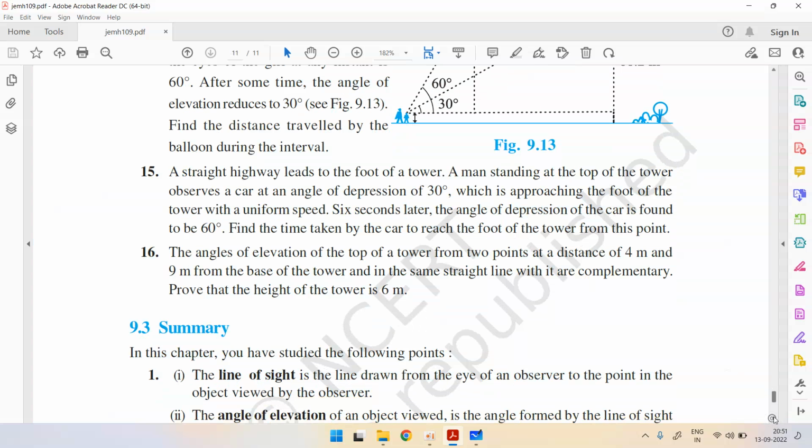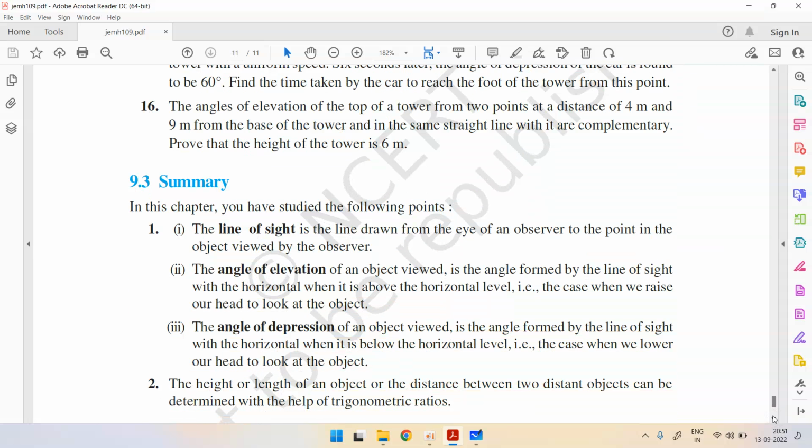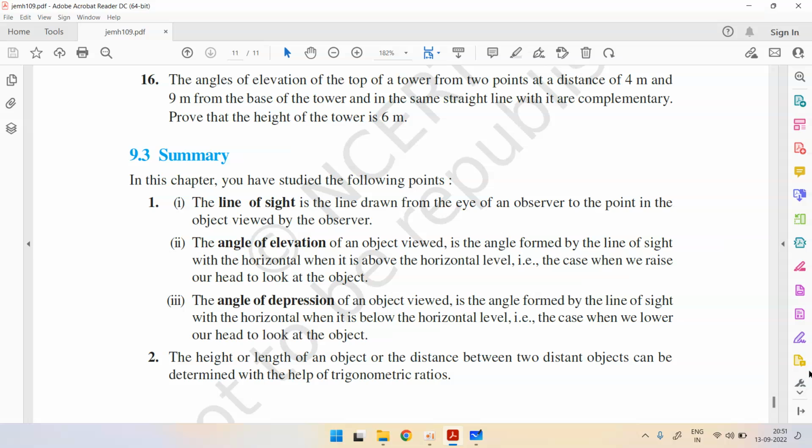The summary is that the line of sight is drawn from the eye of an observer to the point in the object viewed by the observer. So directly you are seeing the object; this is your line of sight. The angle of elevation is formed by the line of sight with the horizontal level, in the case where we need to look up at the object.